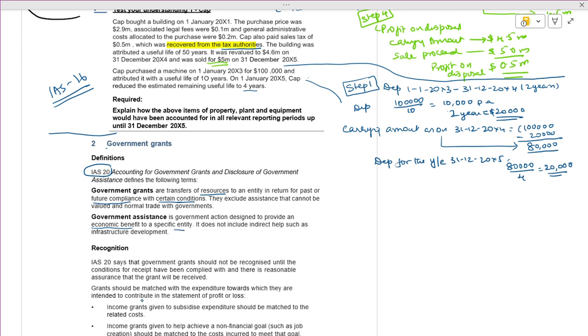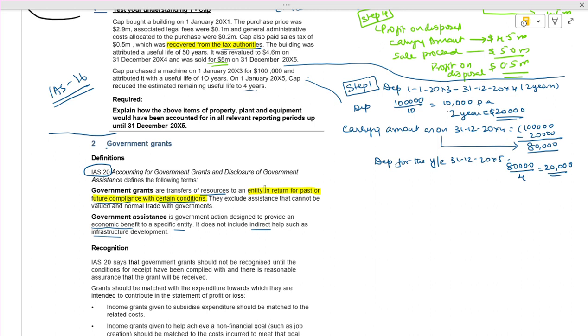It does not include indirect help such as infrastructure development. It is very specific to an entity, in return for past or future compliance.